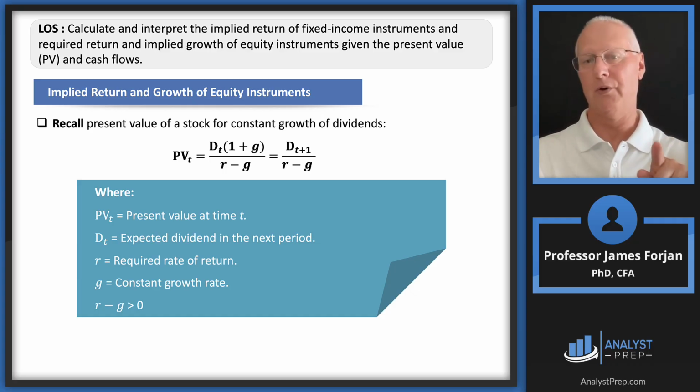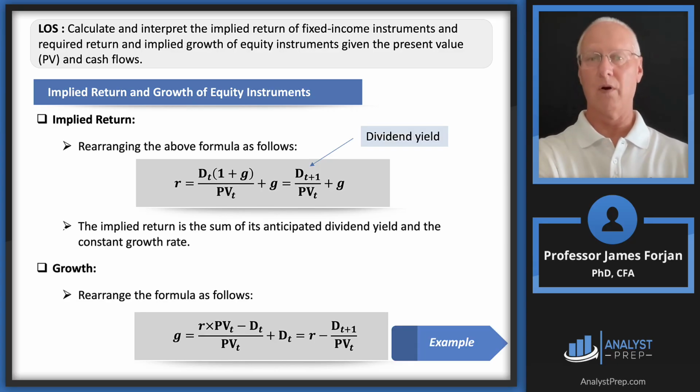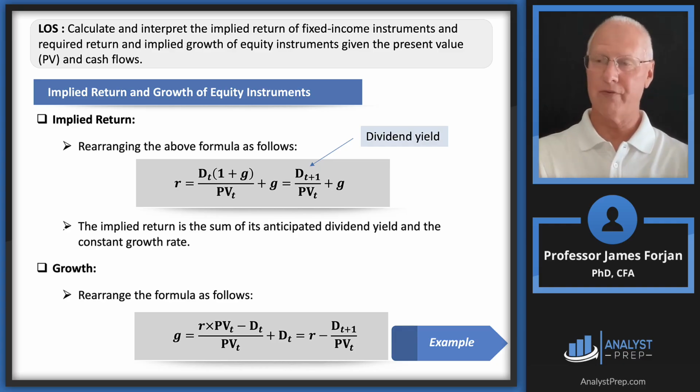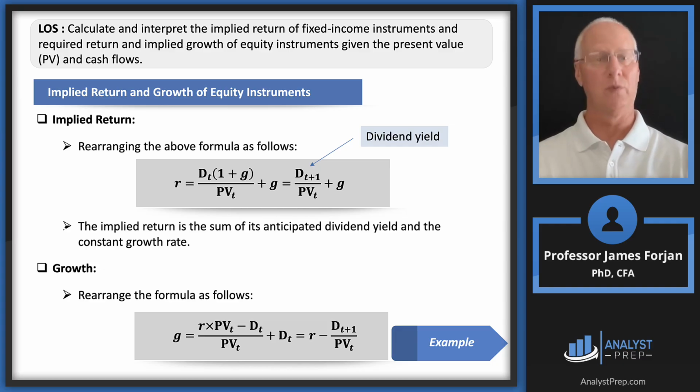Well, now all we're going to do is rearrange this equation so that we solve for R. So here's the implied return. R is equal to, skip over to the far right equal sign, to the right of that equal sign, the dividend 1 year from today, T plus 1 where T is 0, divided by the present value, which is the price, plus a growth rate.